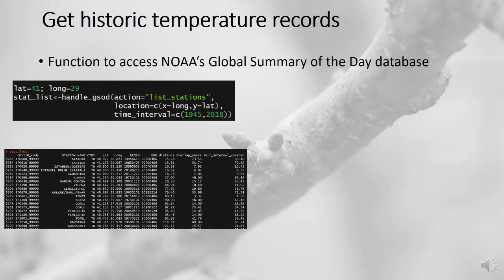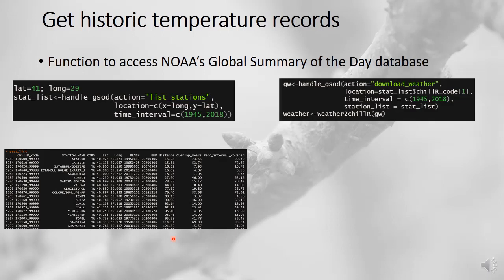You see here we've selected coordinates that correspond to the location of Istanbul in Turkey, and we now have a list here of weather stations in the database that are close to Istanbul, and the distance is indicated in the distance column. The closest one is 15 kilometers away. This is Ataturk Airport, and then, well, quite a number more at increasing distance from the site that we're interested in.